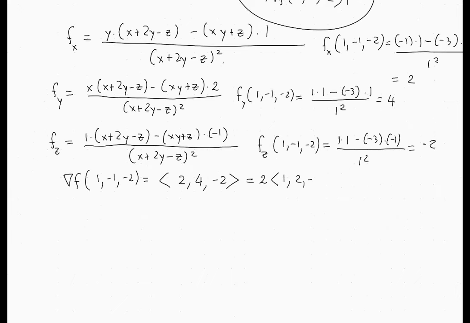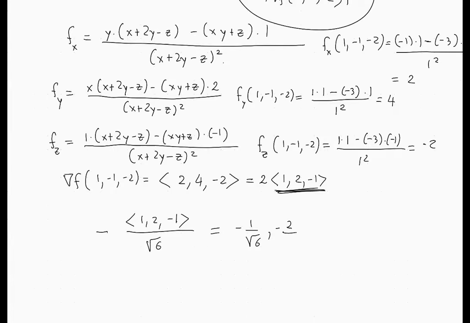Its magnitude is square root of 6, and you want to take the opposite of this. Okay, and that's your final answer. So it's going to be -1 over square root of 6, and -2 over square root of 6, and 1 over square root of 6. That's the vector you're looking for.